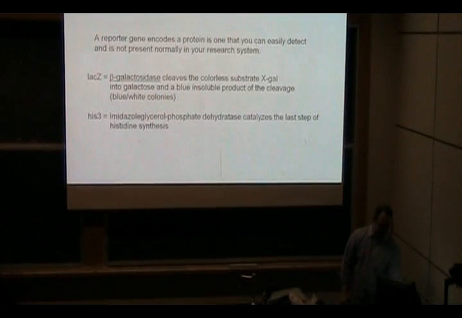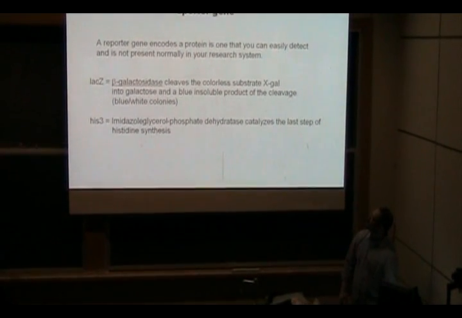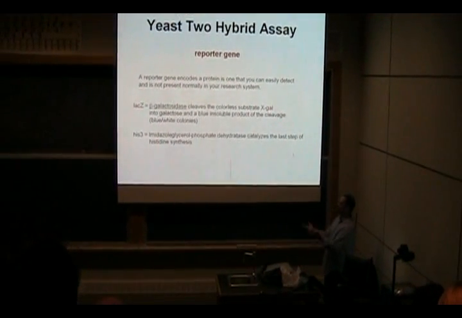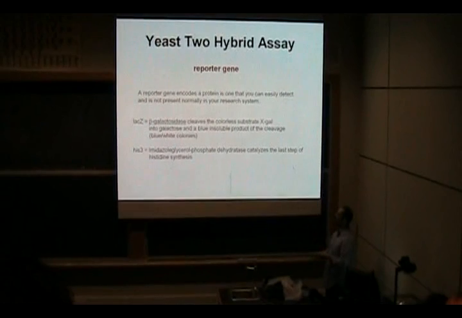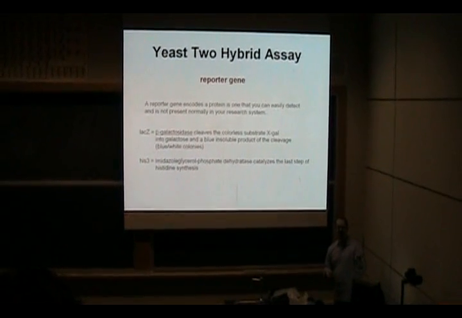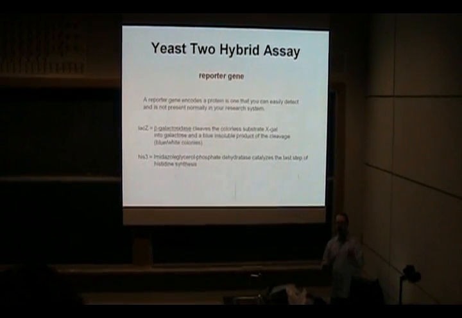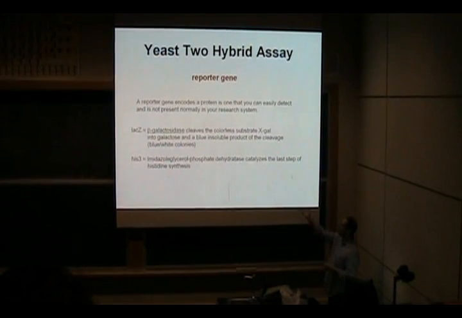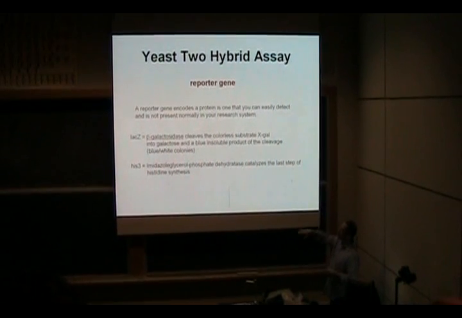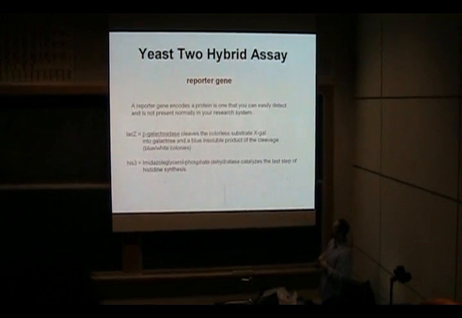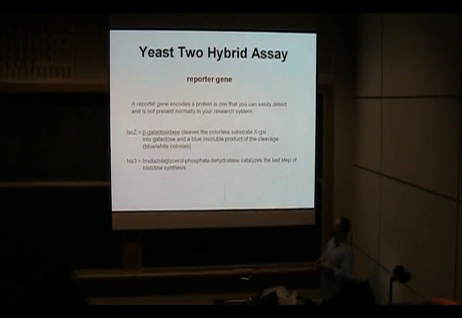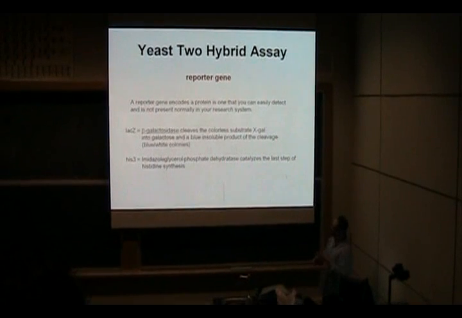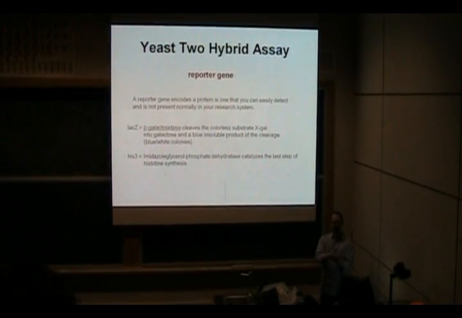What you do is, well, I first should say what a reporter gene is. We've gone over what transcription is. Transcription is synthesis of messenger RNA. That messenger RNA eventually gets turned into protein, and that protein would then have some property or job to do within the cell. The two most common reporter genes are LacZ, which is beta-galactosidase, which you can use to cleave a chemical specifically to make a blue color.